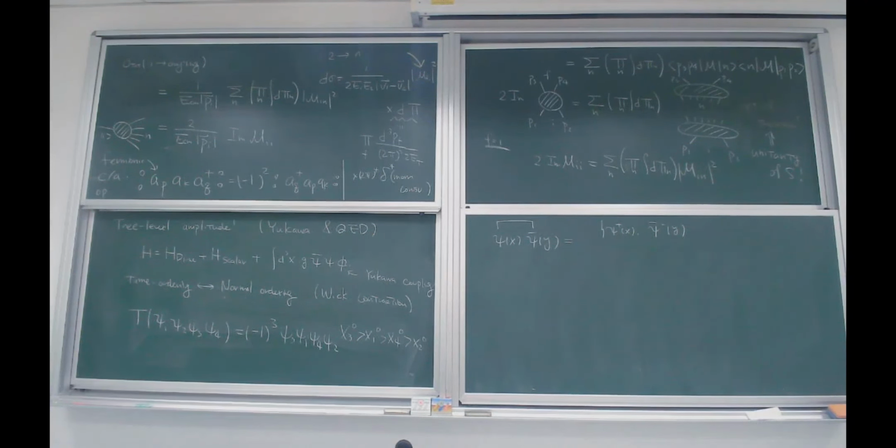Plus means the part which contains the annihilation operator, and minus means the part which contains the creation operator. We already learned this for the free theory.